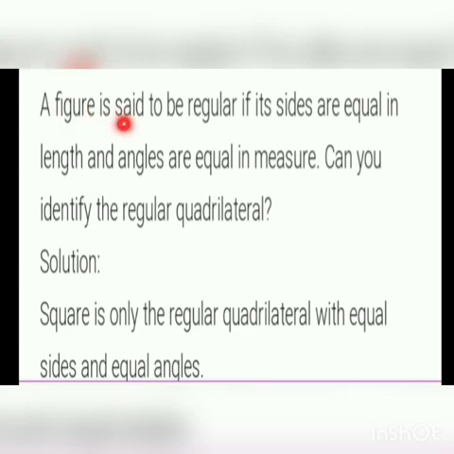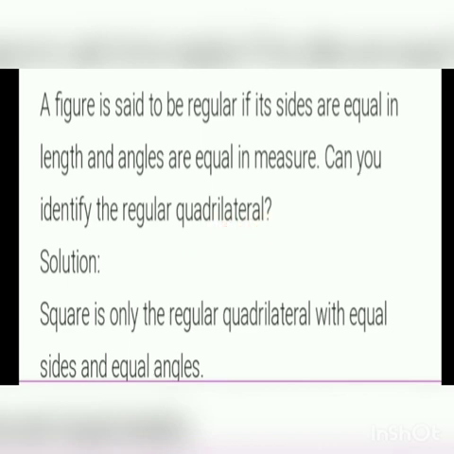A figure is said to be regular if its sides are equal in length and angles are equal in measure. So when we say a figure is regular, when all the sides and all the angles are equal, then we can say that figure is a regular figure. Can you identify the regular quadrilateral?